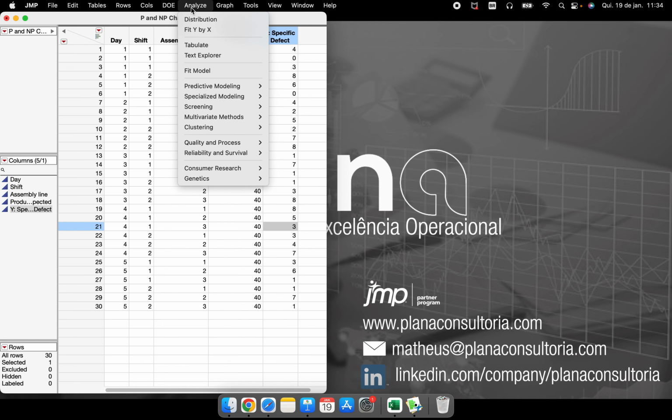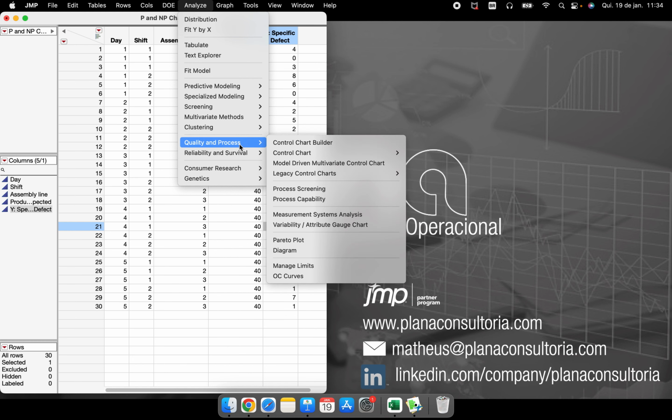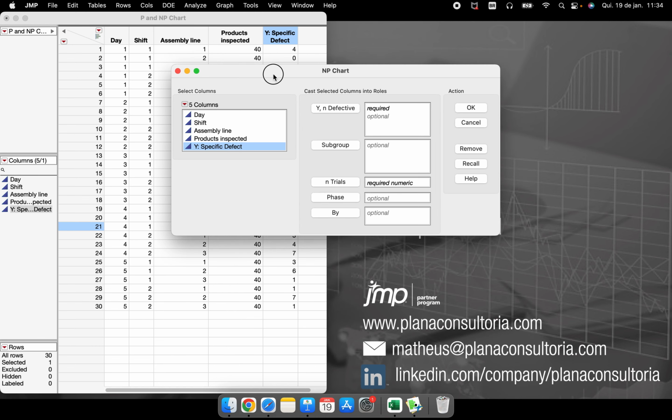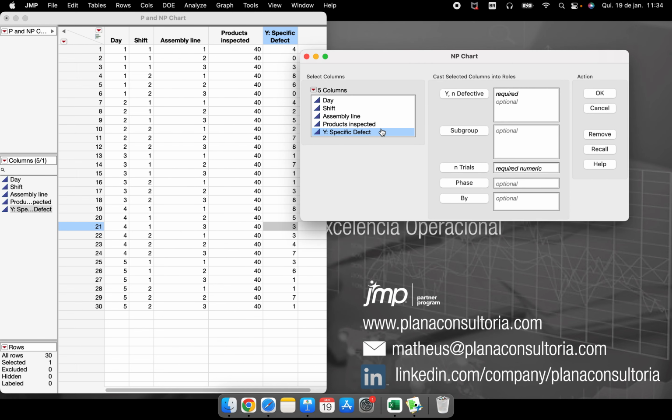Okay, so as in the P chart, now I'm going to use the By situation. In the P chart video I used the Phase situation. Here I'm going to use By. So I want to know how our process is doing regarding shift.